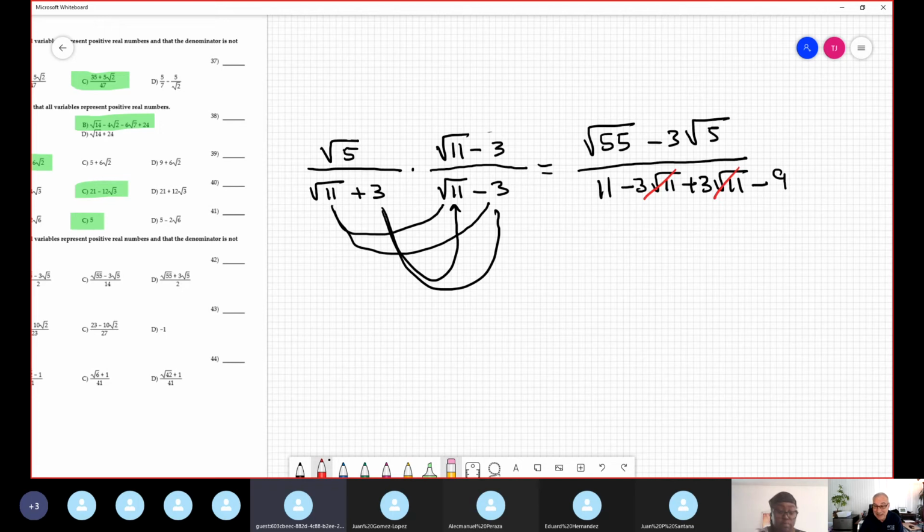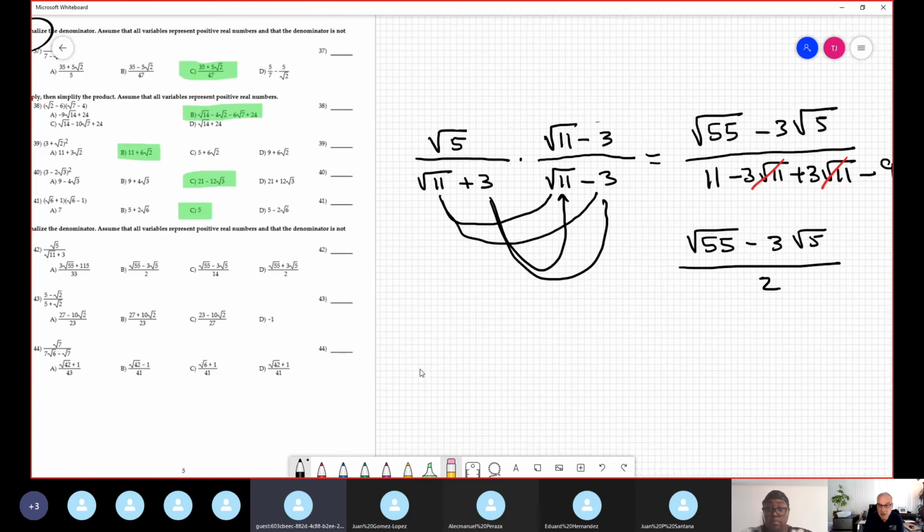And this is the key idea of the rationalization. That is the reason that we are doing rationalization. Disappear, magically, disappear the radical part. And the top stay square root 55 minus 3 radical 5. And the bottom 11 minus 2 minus 9 is 2. Boom. Boom. Let me see.